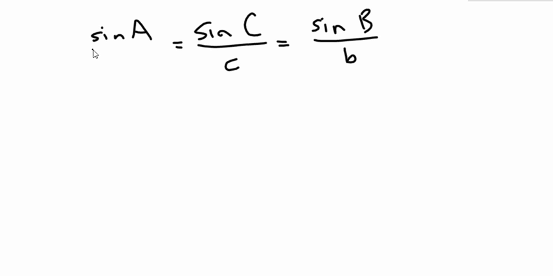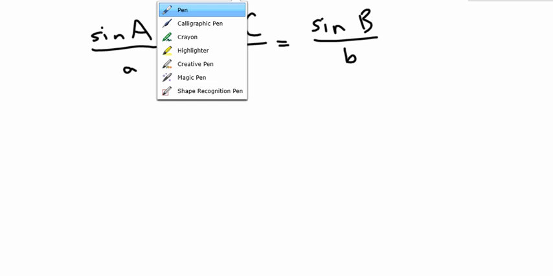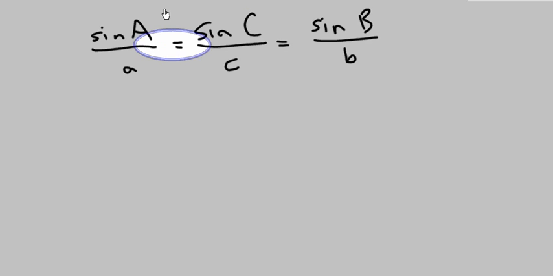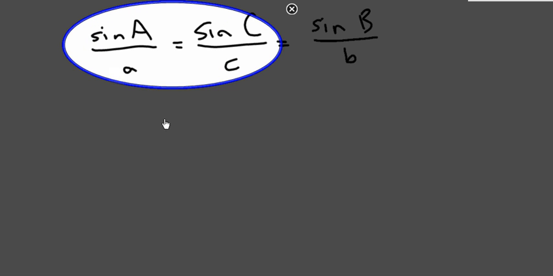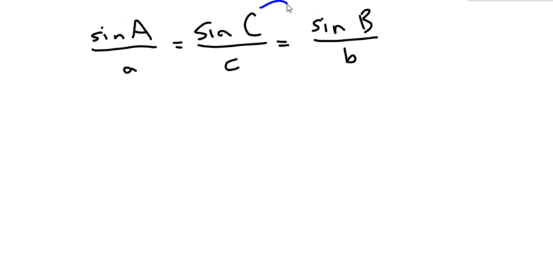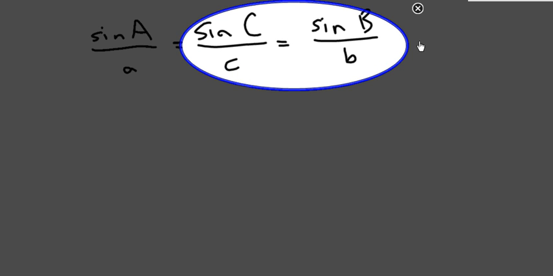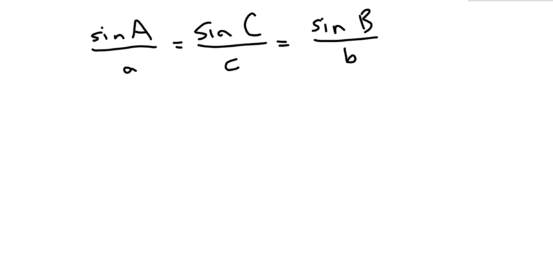So there's the sine law where I know both angle C and side C. And the reason I like to set it up like this is that I can clearly see there's one relationship where I can solve for missing angle A, and then I can come over here and solve for missing angle B. That's why I like to do that. So let's go ahead and substitute in the values that I know.